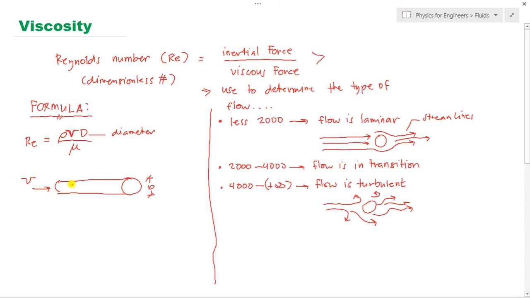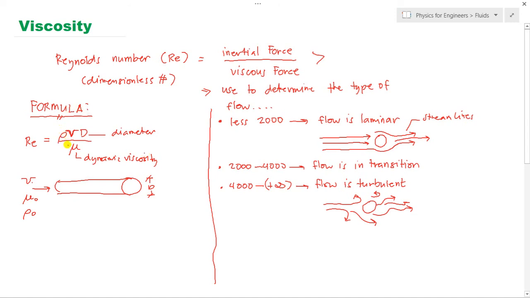And since this is a fluid, it has a property which is the dynamic viscosity, and of course naa pud tay density.